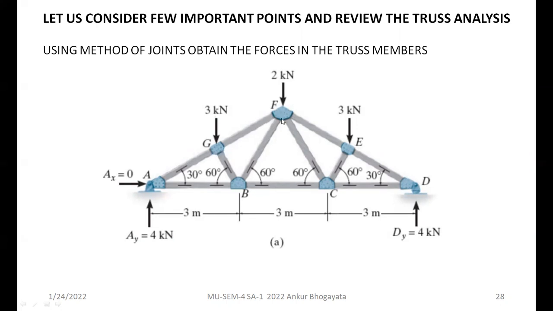Once you do that, you can either go to joint B. So that will solve half of your truss, and then simply you can replicate it because due to the symmetry, all the member forces will be the same. So after analyzing joint G, you can come directly to joint B, and if you solve all the member forces attached to that, it will solve the purpose of the entire analysis. So that's a good way of analyzing symmetrical trusses.